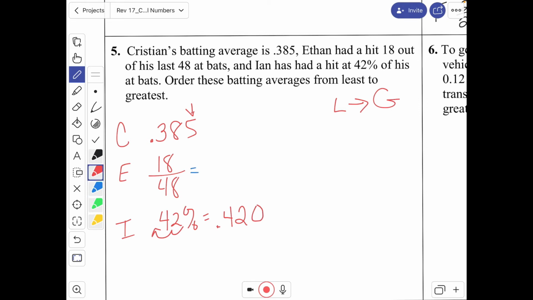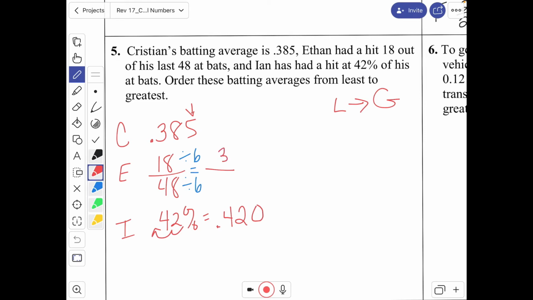Let's see, could I simplify this one? What could I divide both of those numbers by? 2 works. 3 would probably work. 6 works. And I think 6 is the biggest.